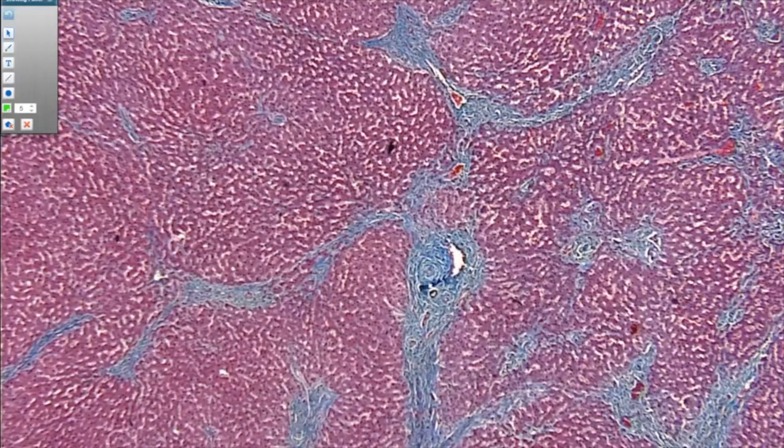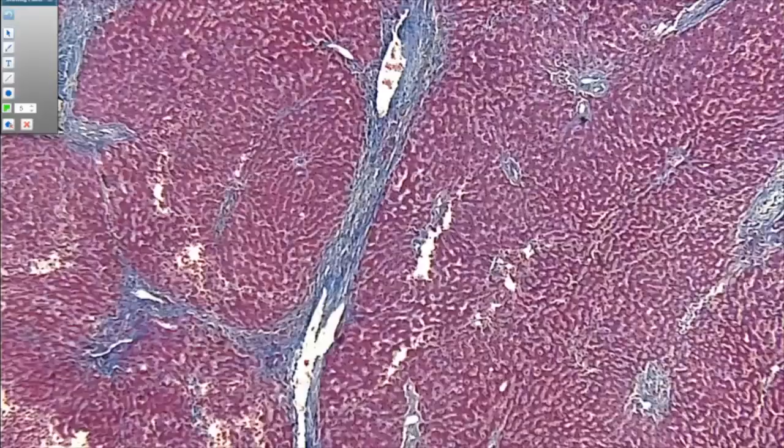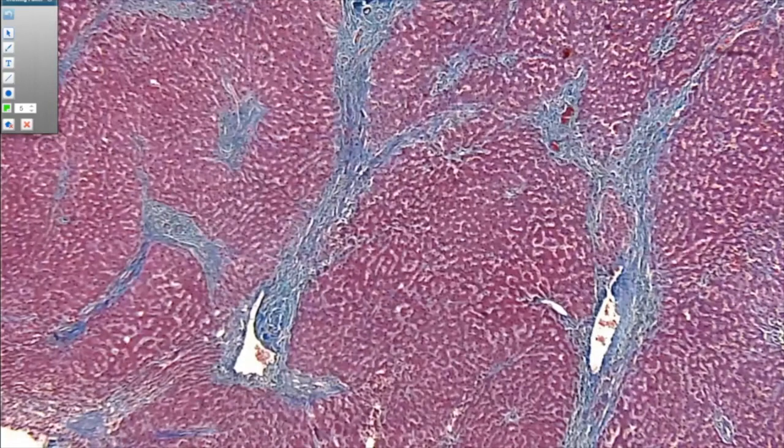And if fibrosis is there, even without bile duct loss, this is still one diagnostic criterion for chronic rejection. And I think time is almost over, so I would like to finish here.